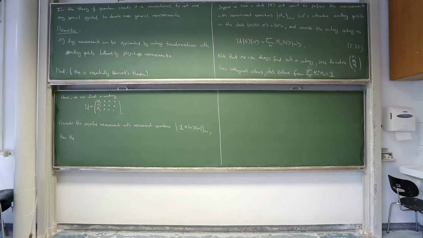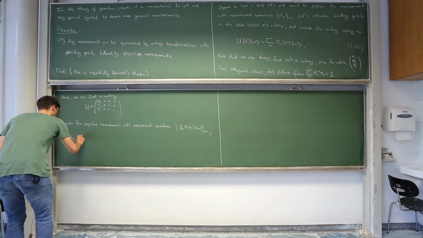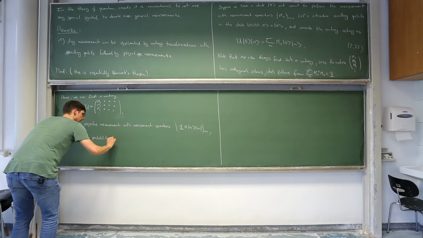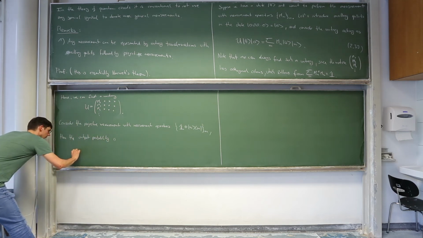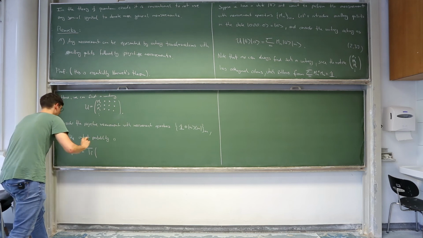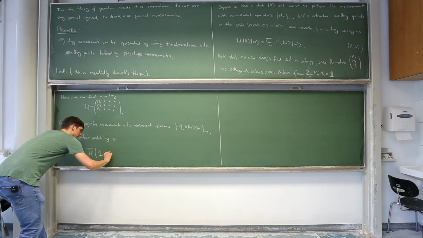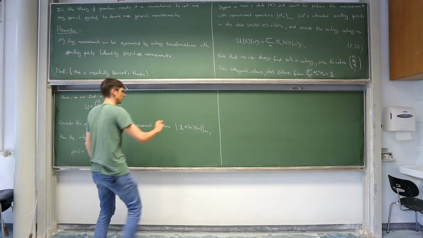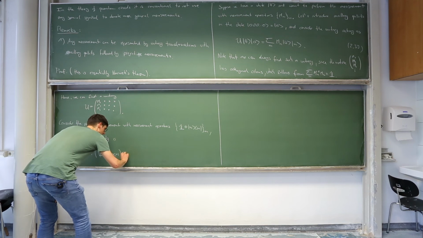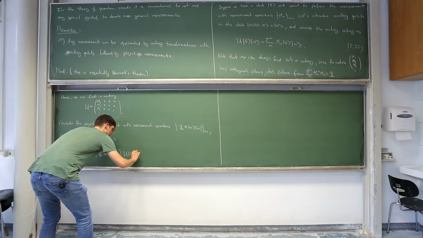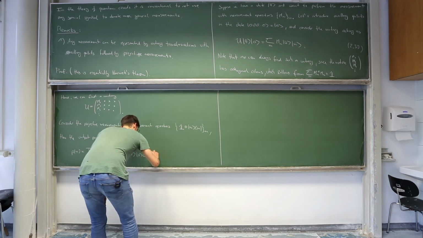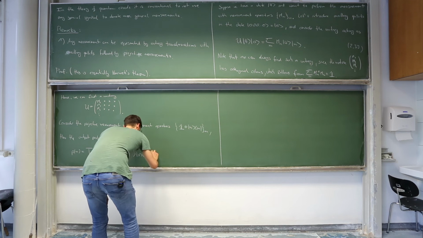first let us calculate the probability. So the output probability is P of M. So we have a trace of the projector 1 tensor M, and our unitary transformed state U psi 0, and then psi 0 U dagger.